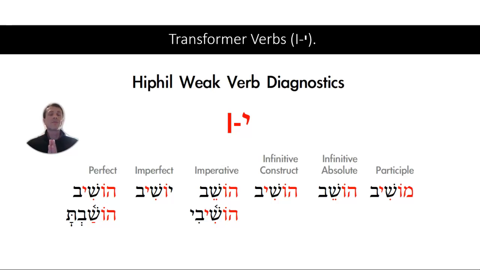Roots that begin with a yod in the hifil stem have a really striking irregularity, and that is that in many of them that initial yod will change to a holom vav. And that makes the word look very irregular. So you still have the hey prefix that we're used to seeing, but that initial yod of the root will transform into a holom vav.